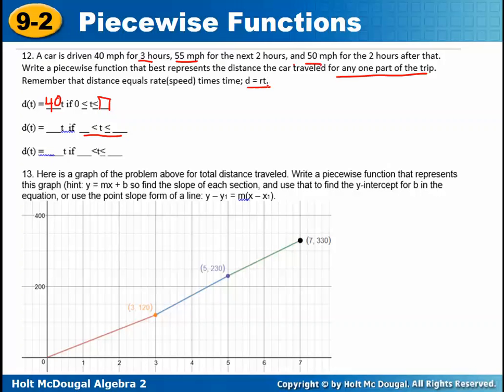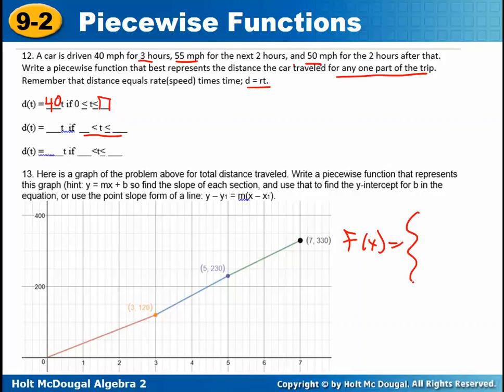And then the last one is also going to be that. And then I did graph that function, and now the trickier one for number 13 is to do what we just did for that other example. Find the equation for each of these parts, and then that will be your piecewise function for the whole trip.